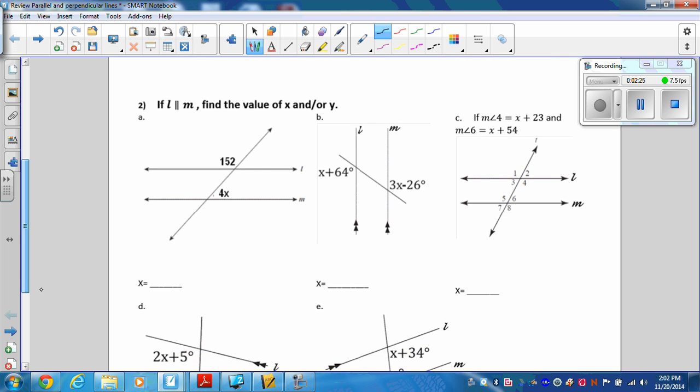For question 2, L is parallel to M, and we're supposed to find x. So if L is parallel to M, then 152 is the measure of this angle. So 152 plus 4x equals 180.